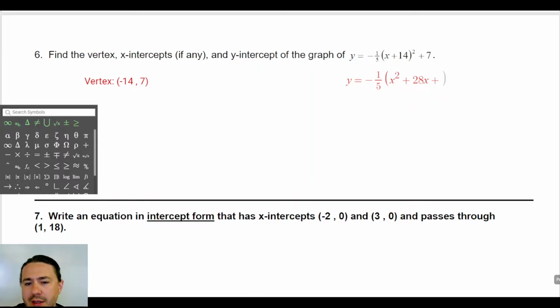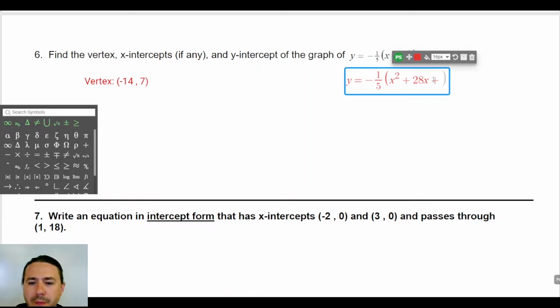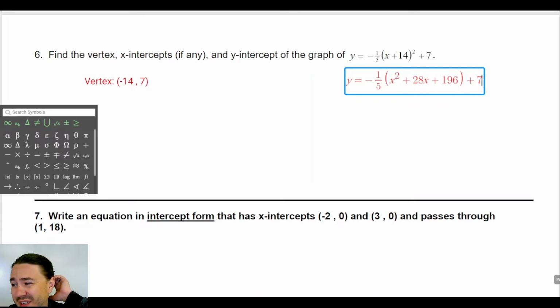14 times 10 would be 140 plus 16 to be 156. No, I got that wrong. It should be 196. So yeah, 196. And then plus 7. Okay, this is going to be nasty. Ugh, I don't like this at all.